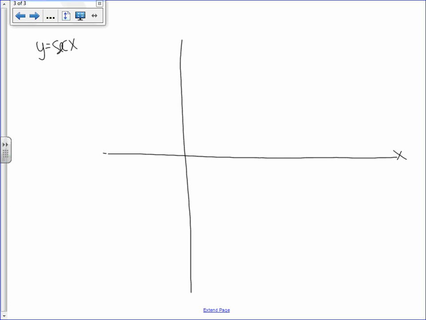All right, if I do the graph of y is equal to secant x, I'll draw my graph right here. X, y, 2 pi, pi, pi over 2, 3 pi over 2. Here will be -pi, -pi over 2.